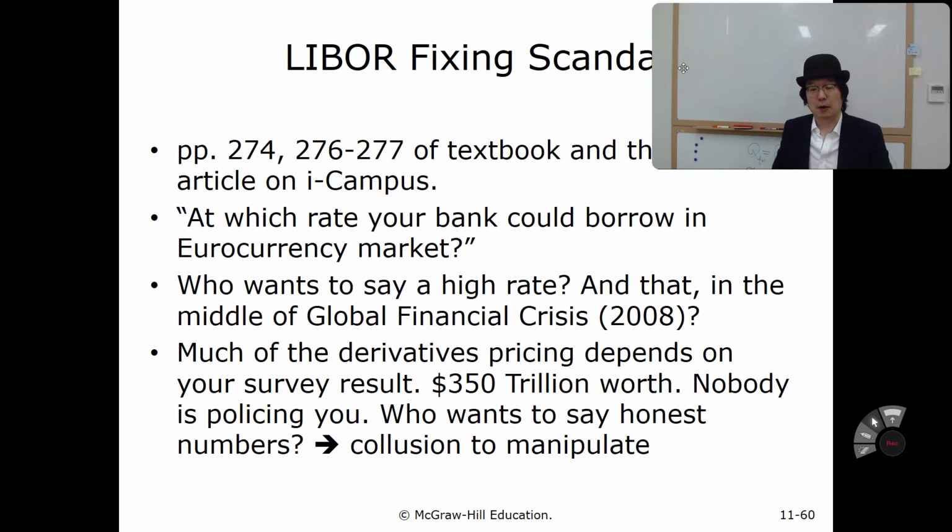So there were people who detected some collusion among these bankers, the traders, to manipulate LIBOR, which is lying on a massive scale, right? So that turned out to be a huge problem, and this was detected in 2012.